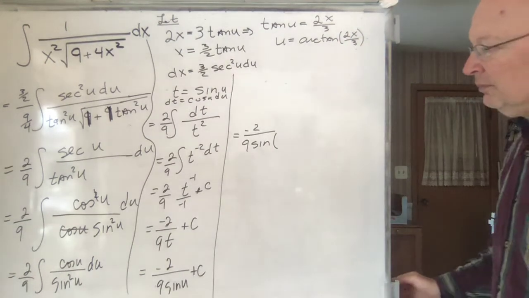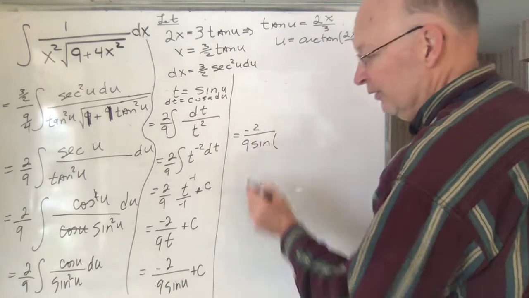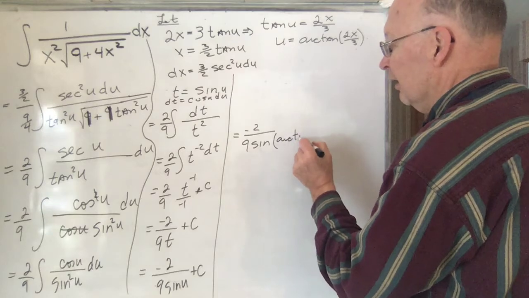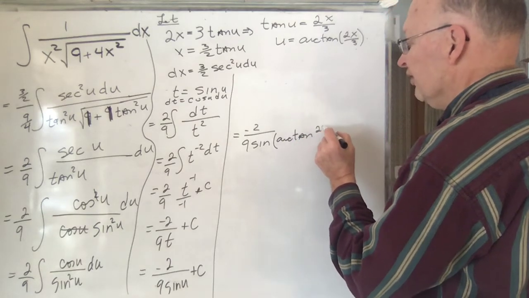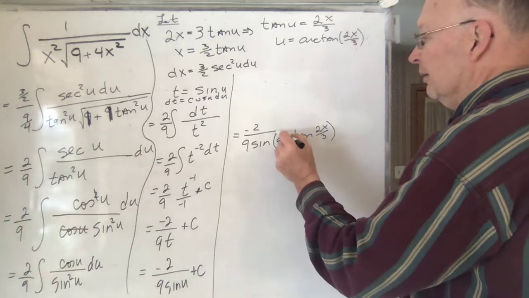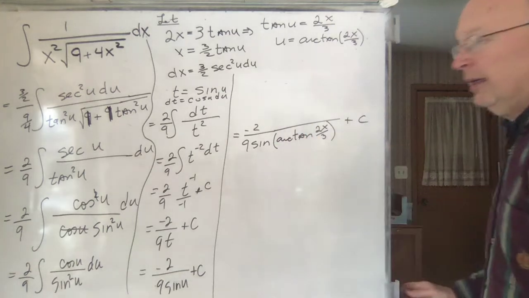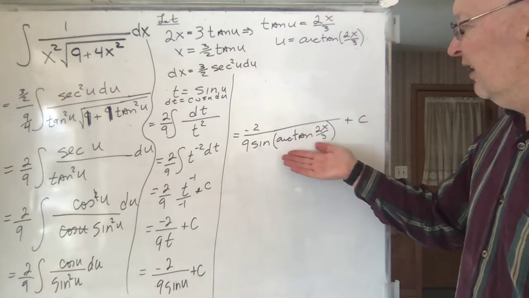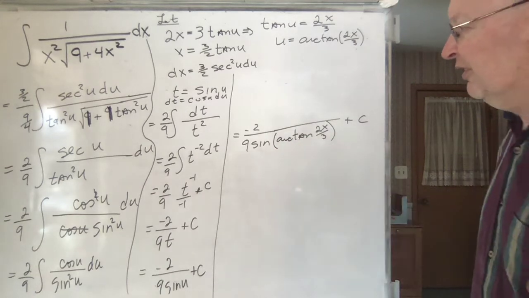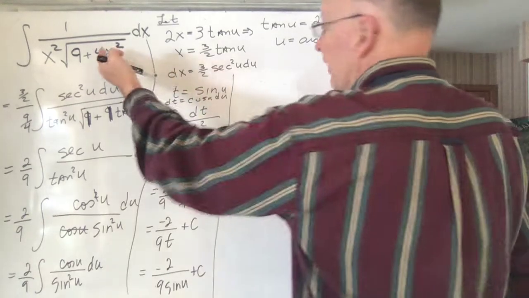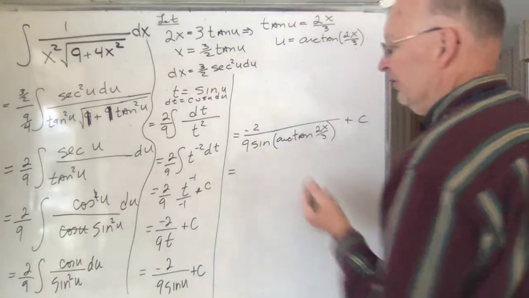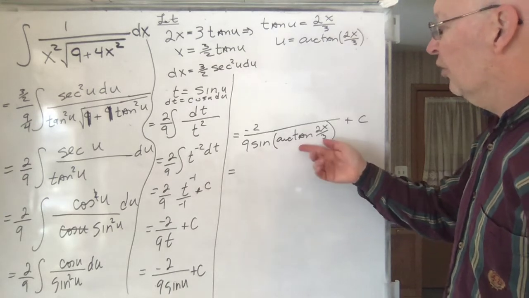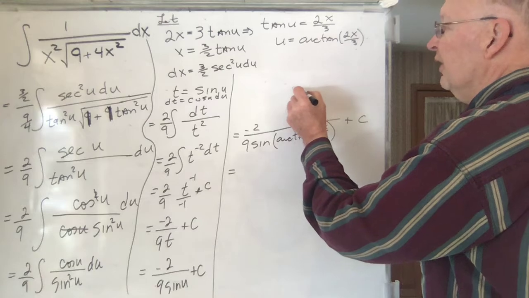Okay? So this is equal to negative 2 over 9 sine of arctan of 2x over 3 plus c. Same thing as before. Very untenable, right? What in the world does this thing look like? It doesn't look anything like this. Let's try to get it into an answer that is easier to work with. So I draw myself a triangle.